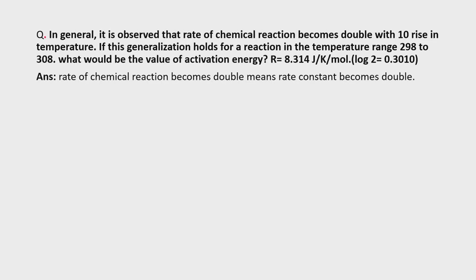So now check the answer. T1, T2, K1, K2. I am taking K1 equal to K1, and K2 equal to, look in the question, doubles. So K2 equals 2K1. So K2 by K1 equals 2.